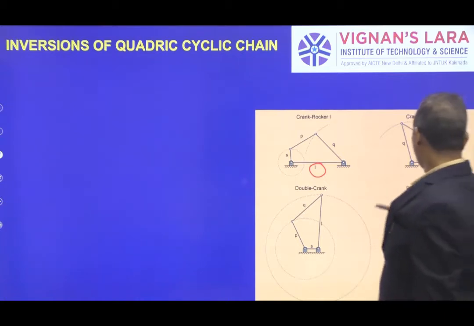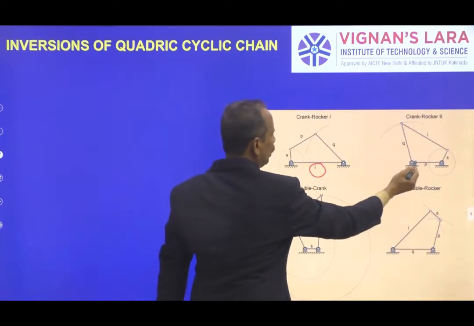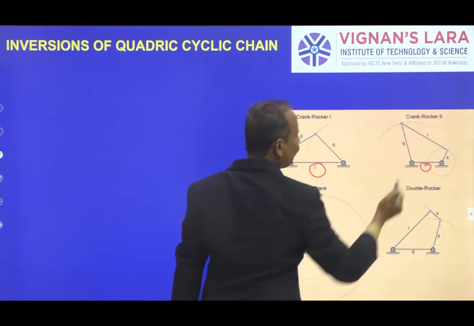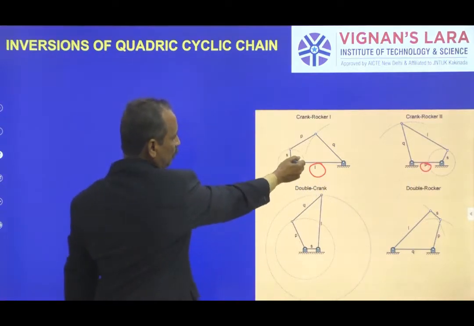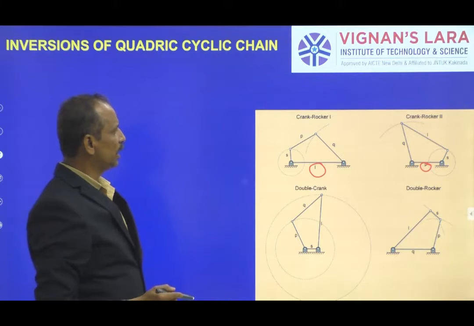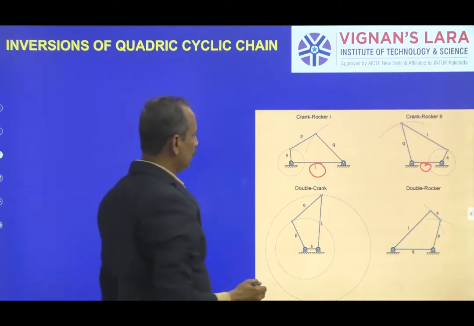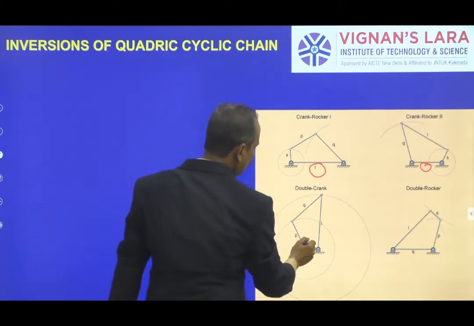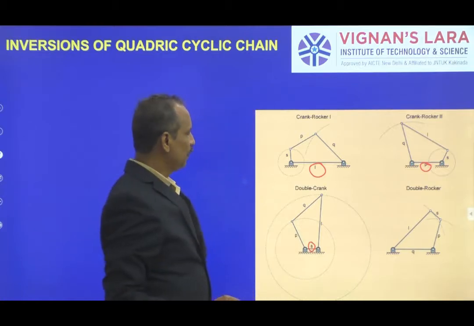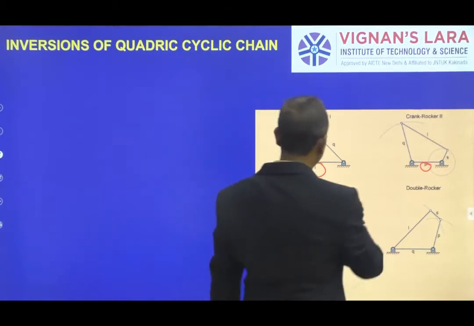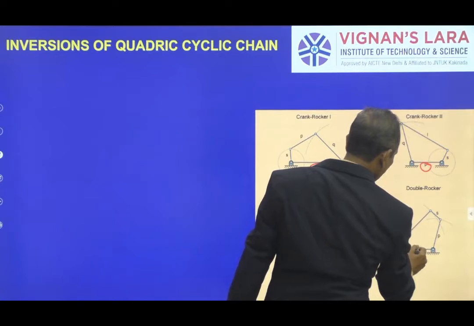Then next, the link P, opposite to the larger link, is fixed. Then the shorter link S is fixed, and finally, opposite to S, the link Q is fixed.